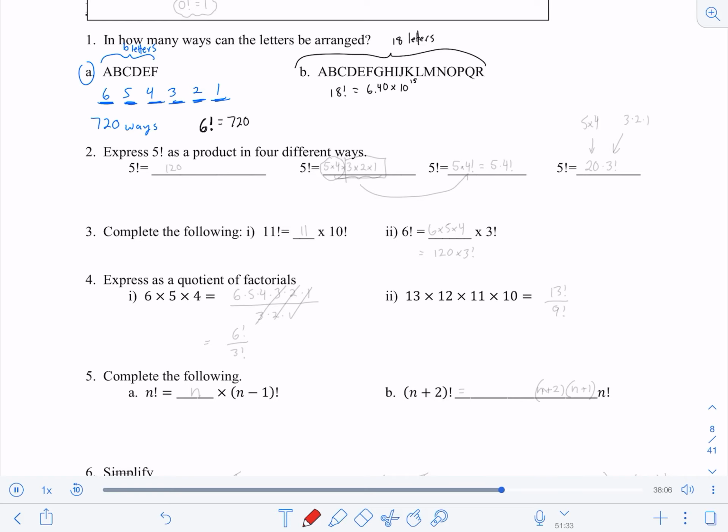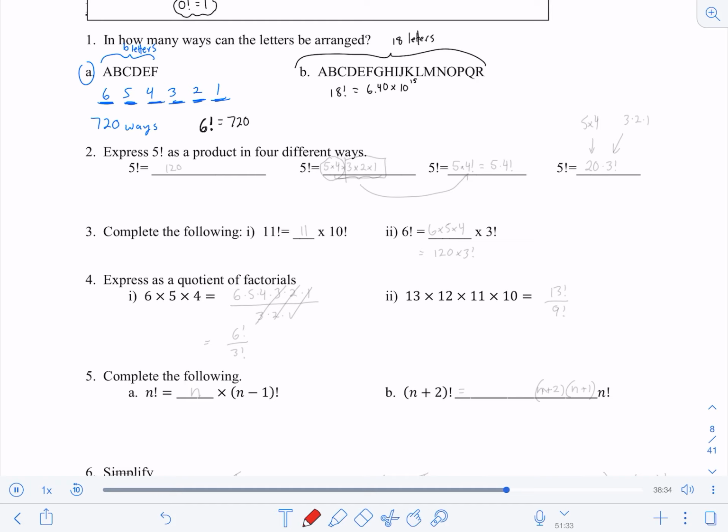Now there's one really important thing that we have to accept, and that's that 0 factorial is a weird one. 0 factorial is 1. We're going to see some reasons why we can think of that later, but for now I just want you to accept it.